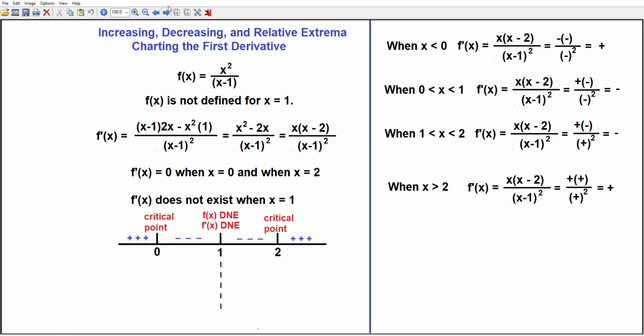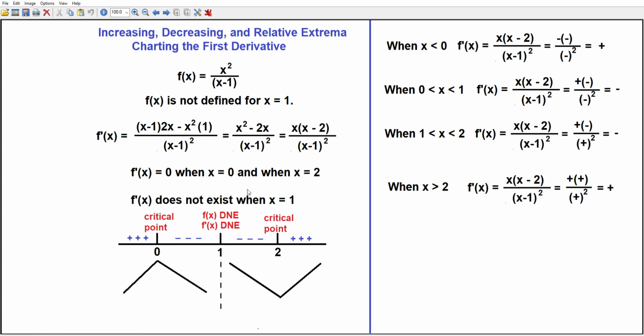Now what we do is use the information on the chart to sketch the basic shape of the graph, and we do this by drawing lines that slope upward, where f prime is positive, and drawing lines that slope downward, where f prime of x is negative.